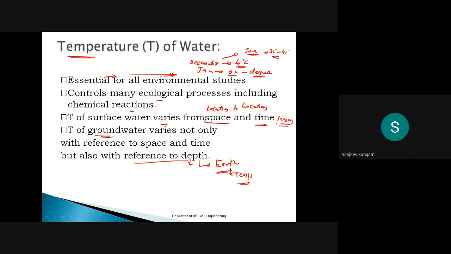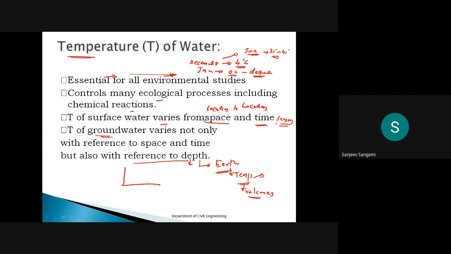If you go below the ground or the earth crust, normally the temperature will increase. You can see the volcanoes, in the earth crust up to 1000 or 2000 degrees centigrade you can observe. But this profile is not the same as when you go above the earth.